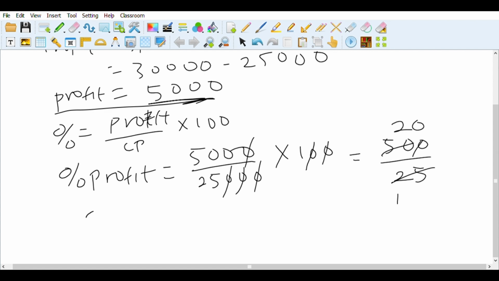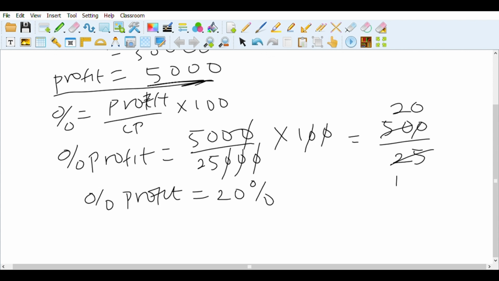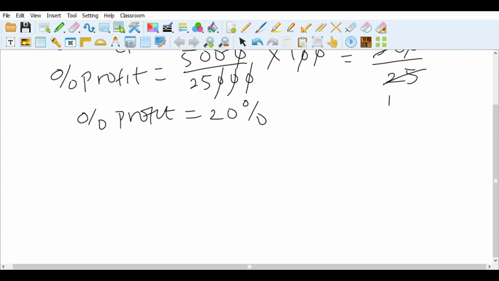So we have 20 as our answer, which means our percentage profit is 20%. So if we bought for 25,000 and sold for 30,000, then 5,000 profit in terms of percentage is 20%. We made a 20% profit.